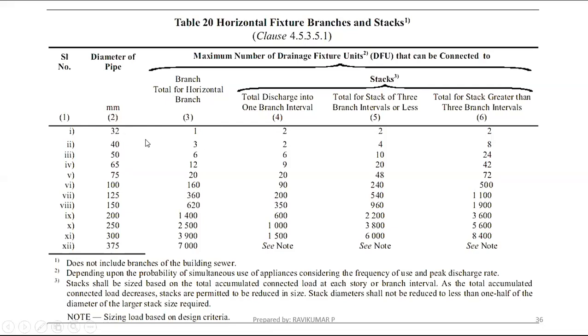If you take this 32 mm as a vertical pipe, it means total discharge into one branch interval, you can connect two fixture units, because vertical pipe means more velocity will be there. So that's why they are connecting double the fixture units. For the total stack, three branch intervals also two. For the stack greater than three branch intervals, again two.